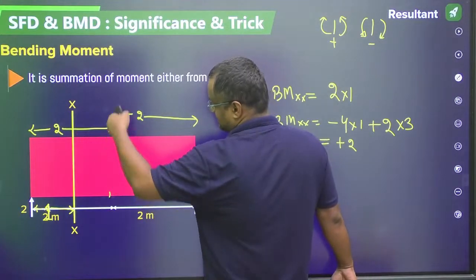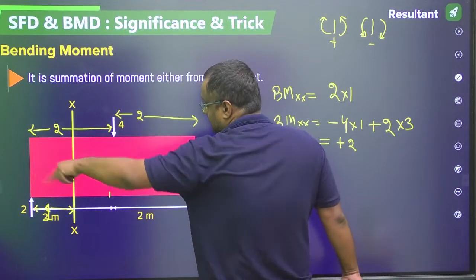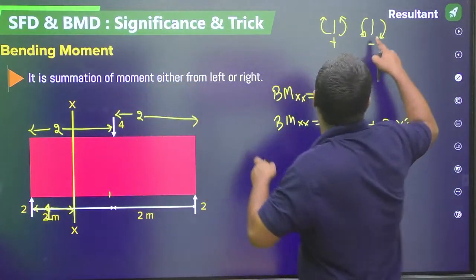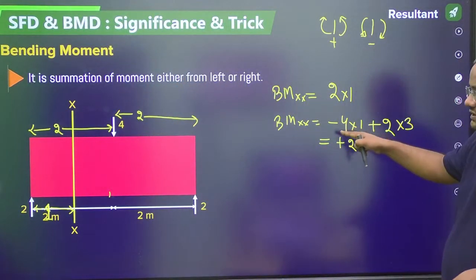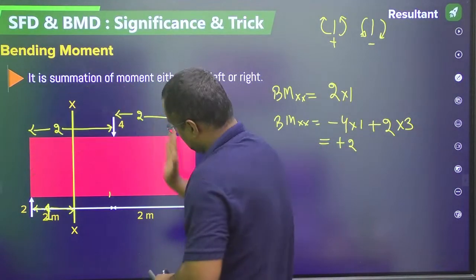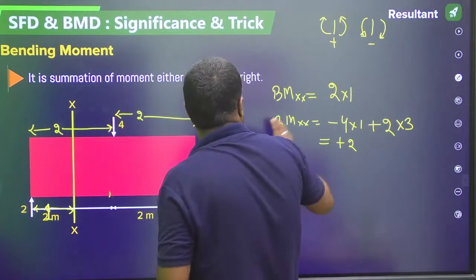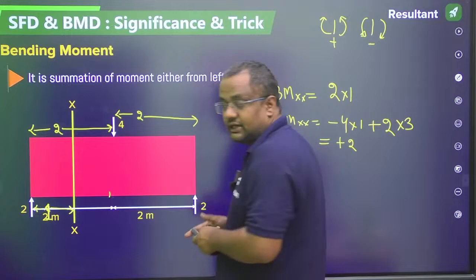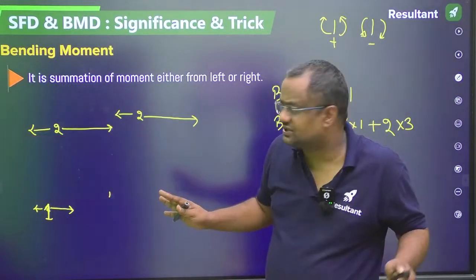This is section right hand side 4 into 1, it is also clockwise, so section right hand side clockwise is minus. And this 2 on section right hand side is anti-clockwise, 2 into 3 is anti-clockwise. Section right hand side anti-clockwise is plus, so plus. Okay, from all sign conventions the answer will be coming same.